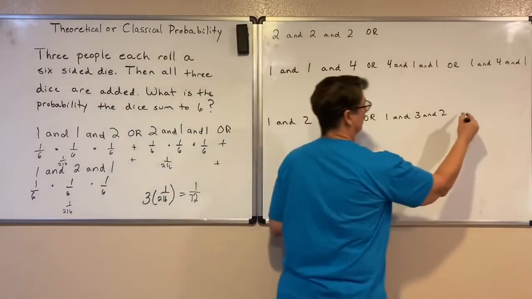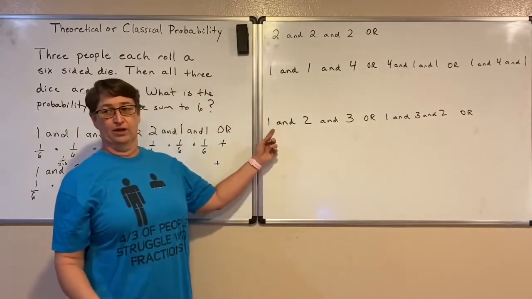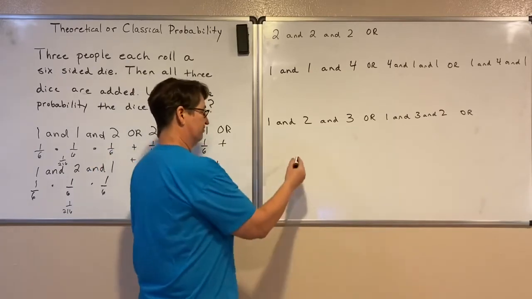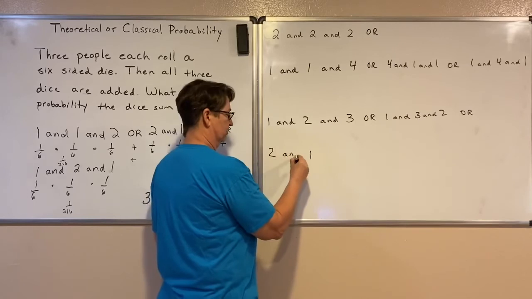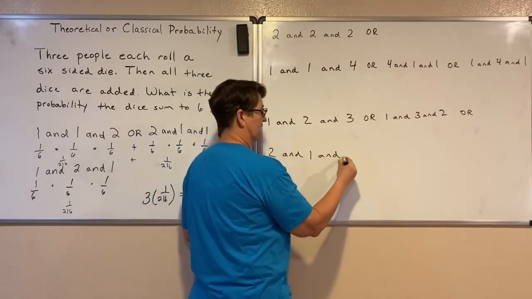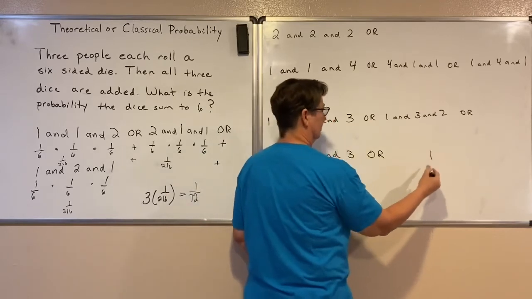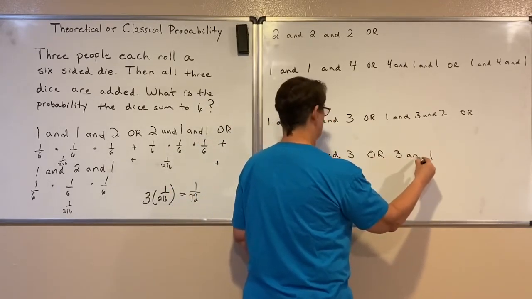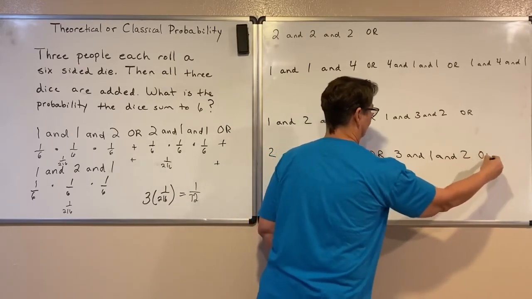Or maybe it's not the first one that rolls the 1. Maybe the second one rolls the 1. Well, if the second guy rolls a 1, then the first guy could roll the 2, and the last guy could roll the 3. Or, if the second one rolls the 1, the first one could roll the 3, and the last guy could roll the 2.